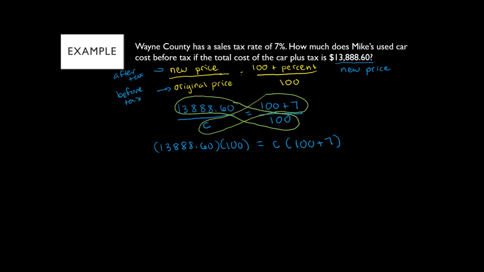So on the left, I'm going to multiply that out. I got 1,000, not 1,000, oh, let's see, 13,888.60 times 100 is $1,388,860. And then we've got 100 plus 7, that's 107. So we get 107C.